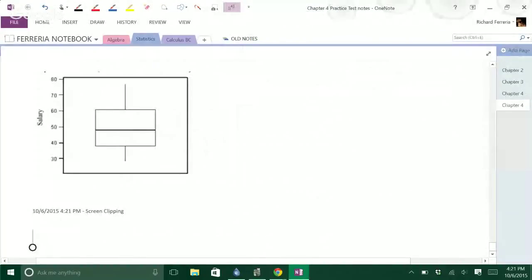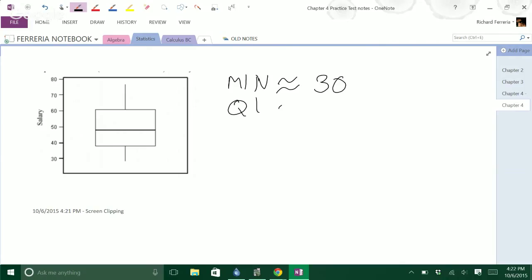Okay, so we can actually figure out a few things from this box plot. We can estimate the minimum, and that minimum is right around 30, right? Q1 is a little less than 40, maybe like 38.